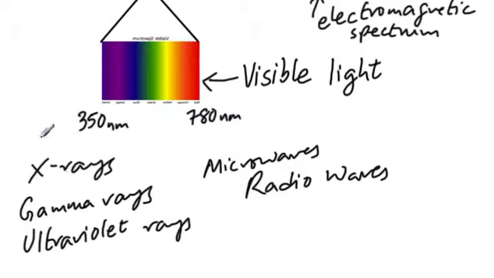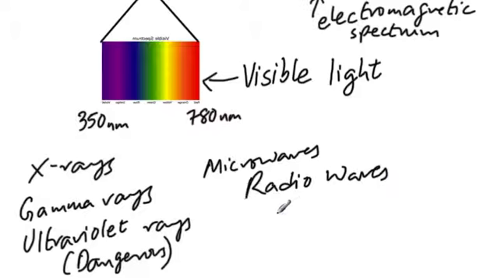Now these, for example, X-rays, gamma rays, ultraviolet rays, I'm sure you know, are considered dangerous. And the reason why they're considered dangerous is because they are very, very high frequency waves. And when waves are really high frequency, they could actually damage your skin, they can go through you, and that's why it's very important to stay away from these waves, because they move so frequently they could actually potentially change the structure of DNA.